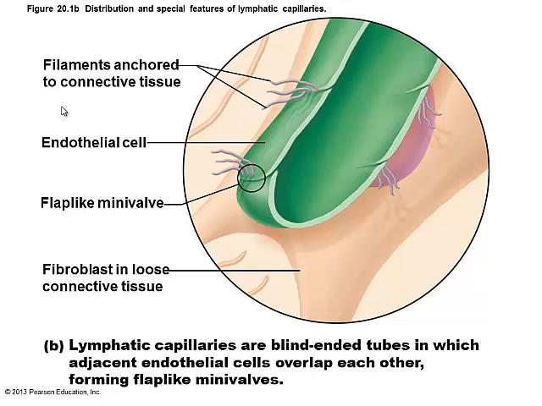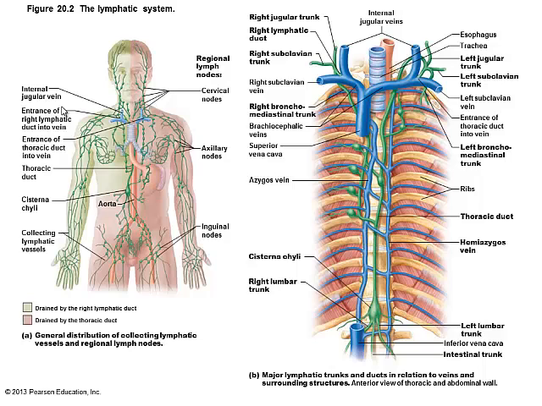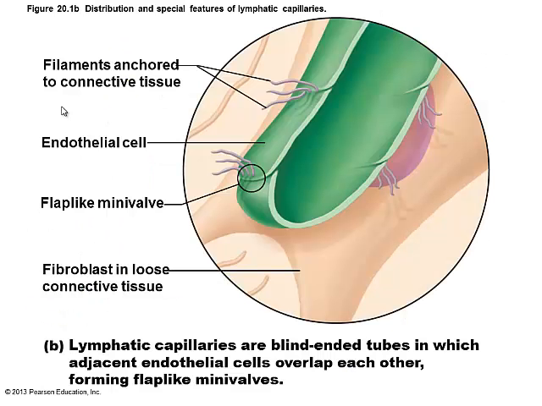The fluid's final destination is going to be back where? Back to the circulatory system. Okay? But there's a lot of places in between that it's going to stop. So when we look at lymphatic capillaries, we see, again, I'll go back, endothelial cells wrapping around the outside. And see these little flaps?